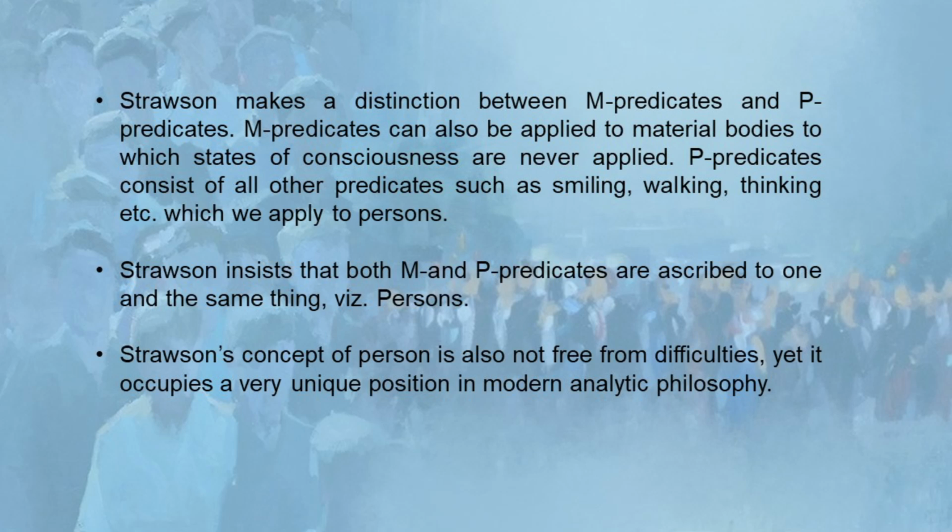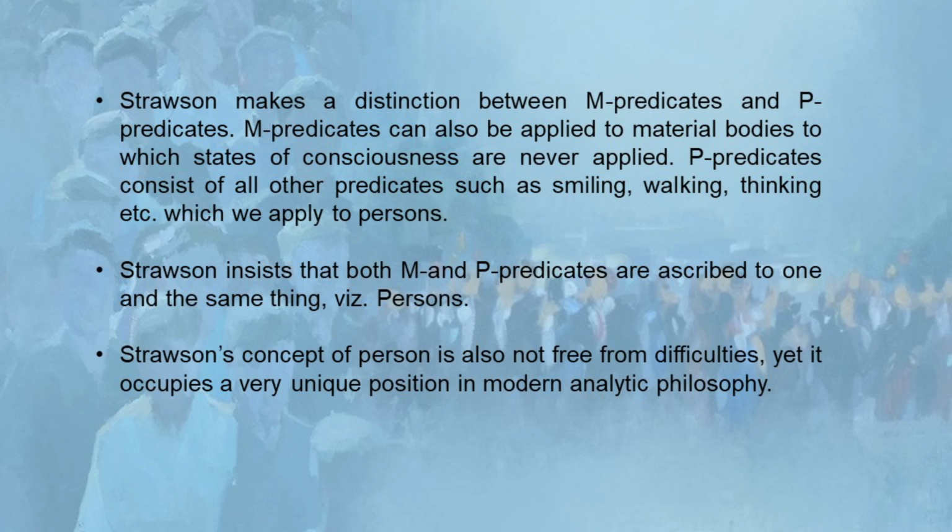In the next point, we have found that Strawson makes a distinction between M predicates and P predicates. M predicates can be applied to material bodies to which states of consciousness are never applied. P predicates consist of all other predicates, such as smiling, walking, thinking, etc., which we apply to persons.